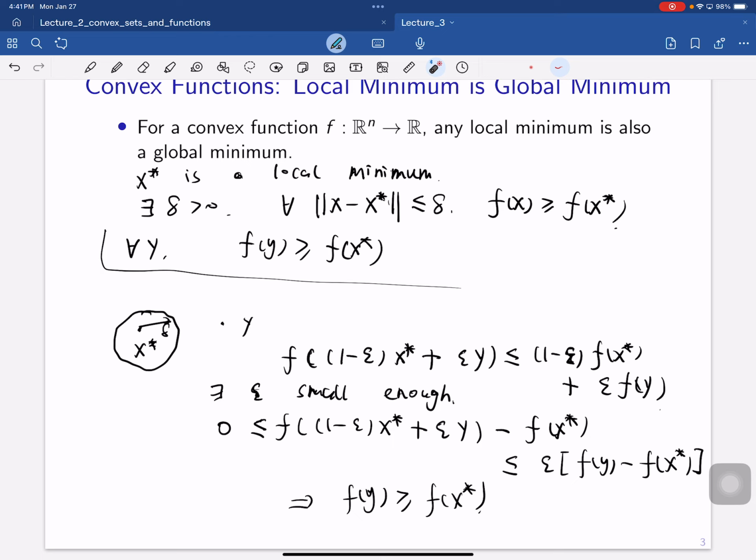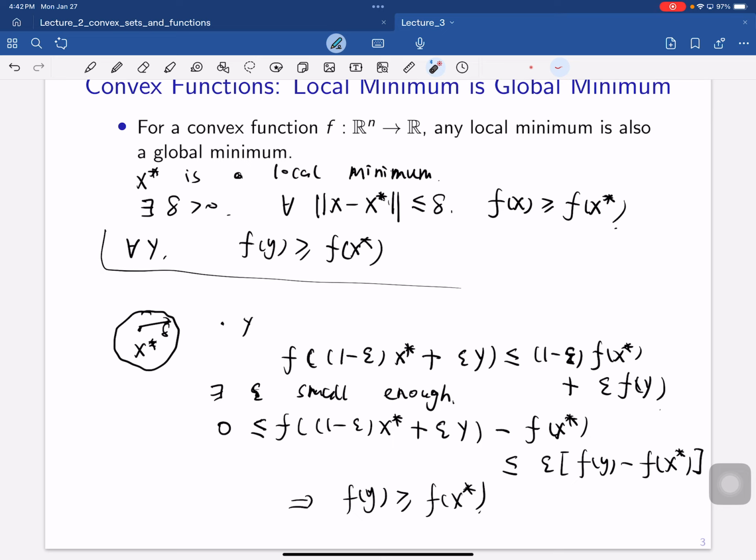So if we pick epsilon to be a very small number, then this convex combination will fall into this ball. Therefore, this point will be greater than f x star, right? So with that, after some algebra, you can show without loss of generality, f y must be greater than or equal to f x star. Okay, yes?